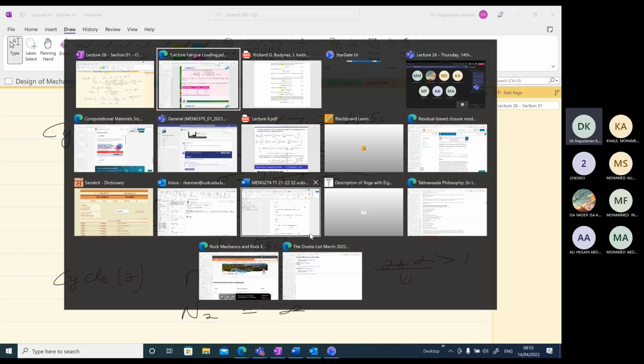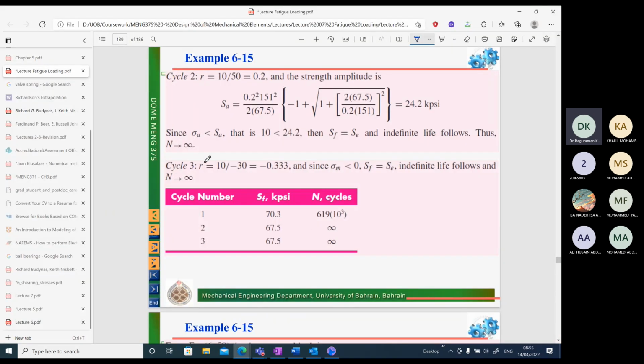In the same way, let's see cycle 3. For cycle 3, we have the mean stress negative, in which case we have to use the SE value.